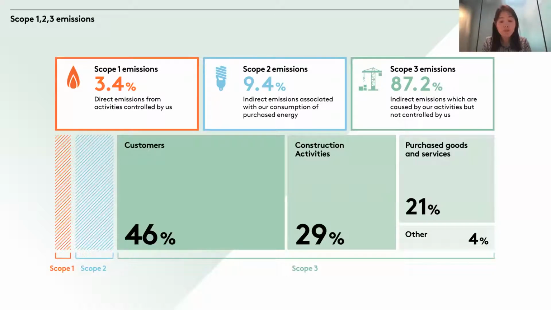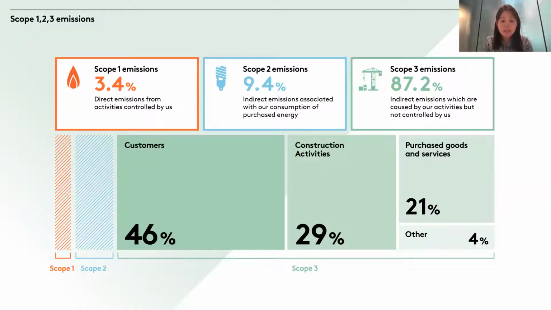So we've been engaging with our customers to share more data, and now nearly 60% of our emissions from downstream leased assets are based on actual data. And we hope to continue to improve the proportion of actual data.